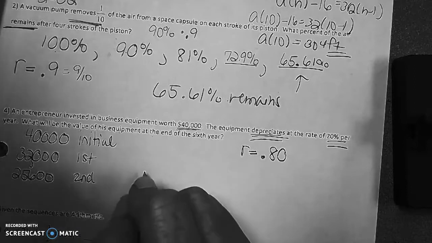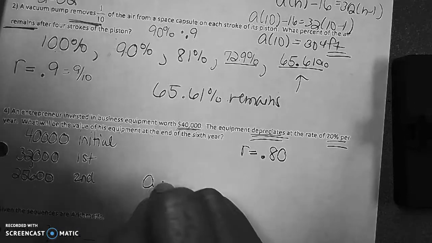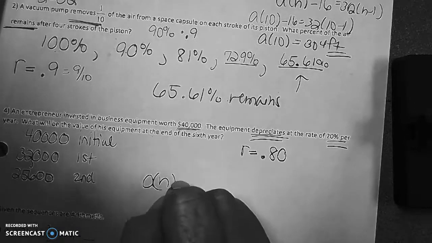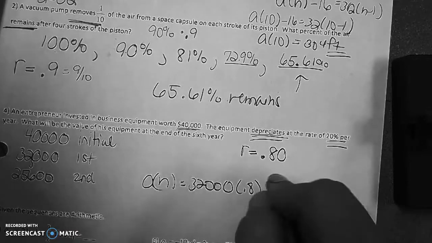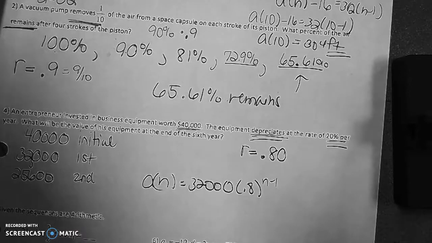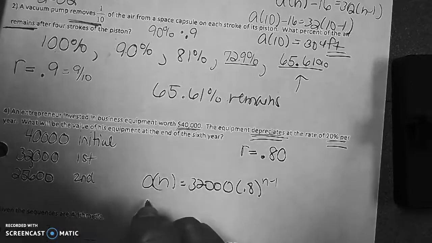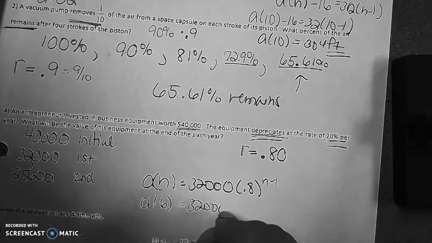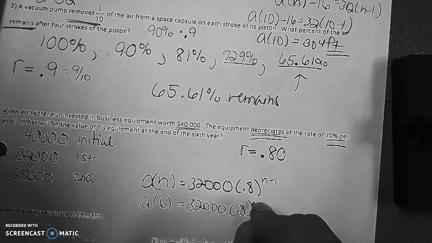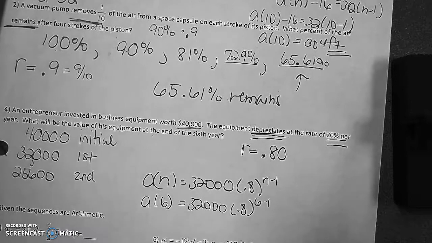Okay, I can work this 2 different ways here. So I'm going to write this as A sub n equals 32,000 times 0.8 to the n minus 1. And it says what happens in year 6, so I'm looking for A sub 6 equals 32,000 times 0.8 to the 6 minus 1.